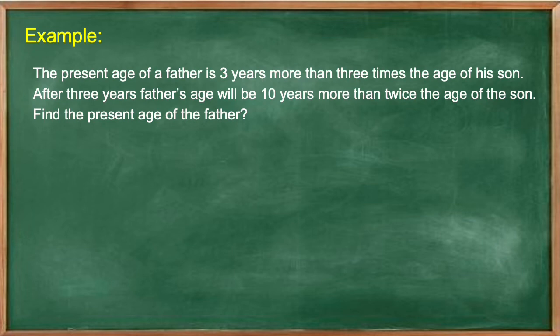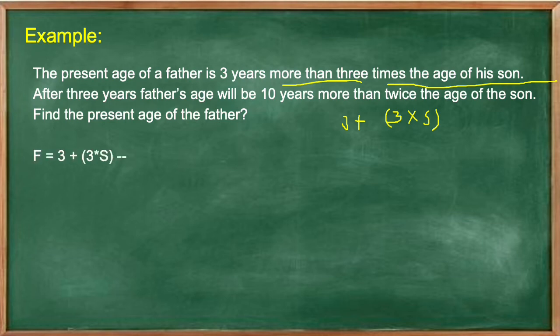So according to the first line, 3 times the age of his son means 3 into S. And 3 years more means 3 plus 3 into S. Now this can be written as F is equal to 3 plus 3 into S. This is our first equation.